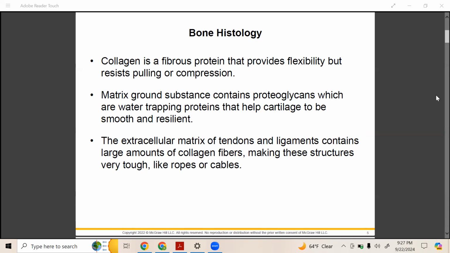Our tendons and ligaments, the extracellular matrix of those, they have even more collagen fibers, which make them extremely tough. So you can think of our tendons and ligaments like a rope or a cable, in terms of being very strong.